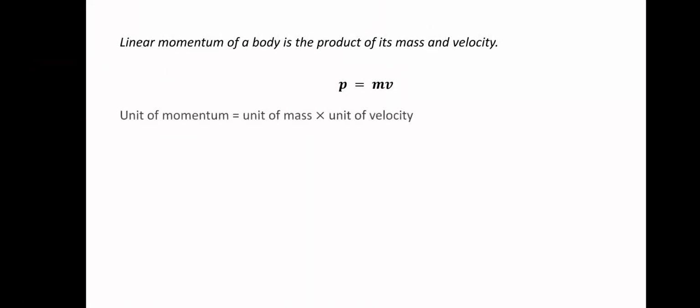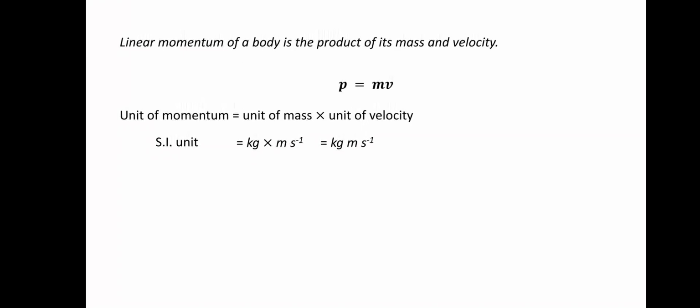So the unit of momentum is equal to unit of mass into unit of velocity. In the SI system, the unit of mass is kg and the unit of velocity is meter per second. So simplifying this, you'll get kg meter per second.